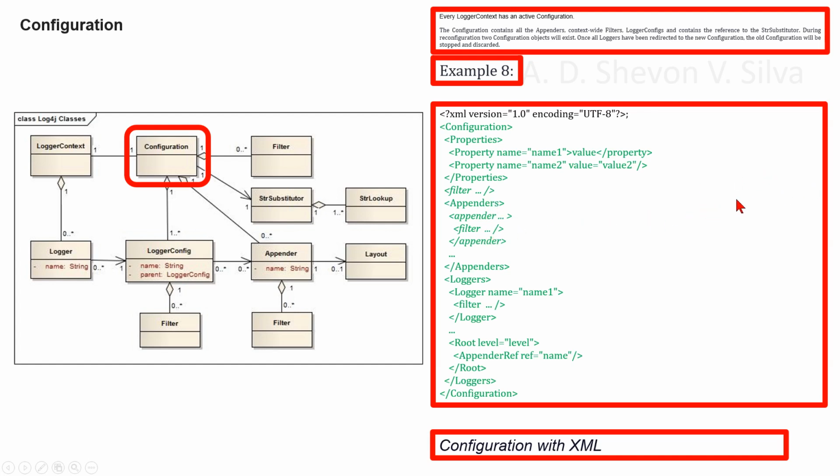However, element and attribute names are not case sensitive. In addition, attributes can either be specified as an XML attribute or as an element that has no attributes and has a text value.